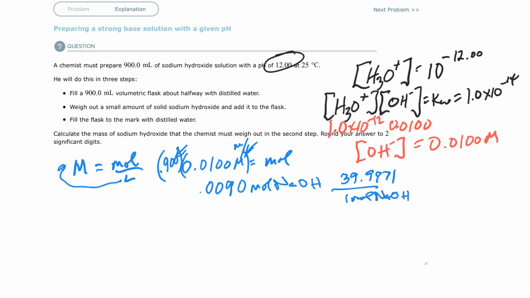Multiply that out, the moles will cancel, and you'll end up getting 0.3599739 grams.